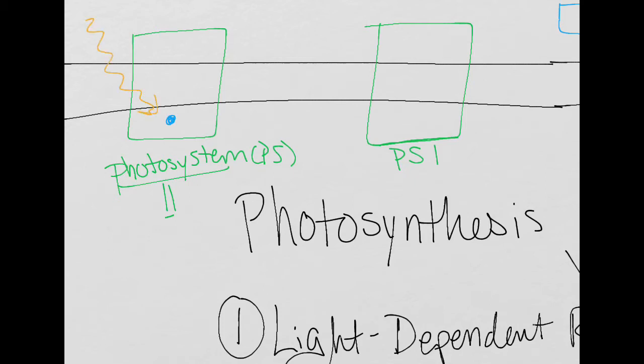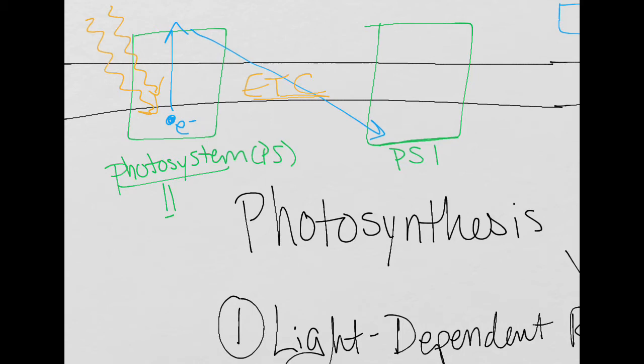Sunlight comes down and excites the electron to a higher energy level. Okay, this electron is then passed down an electron transport chain. So there's actually a whole bunch of proteins in the membrane here that act just like an electron transport chain.